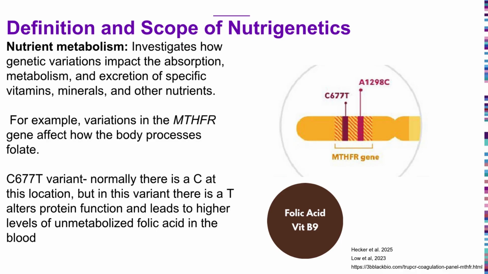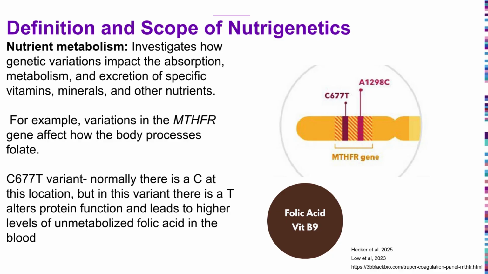First is nutrient metabolism, which investigates how genetic variations impact the absorption, metabolism, and excretion of specific vitamins, minerals, and other nutrients. One example in this area involves variations in the MTHFR gene.